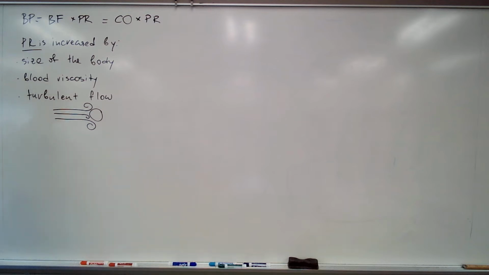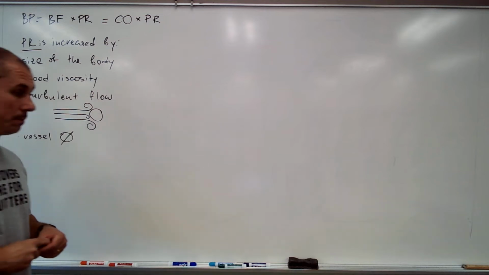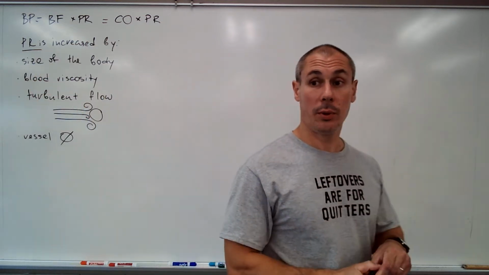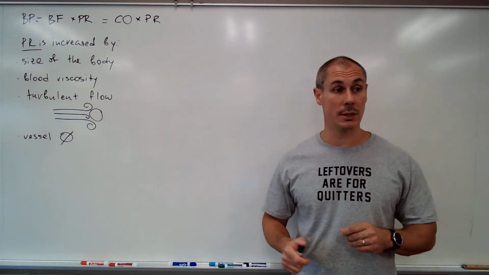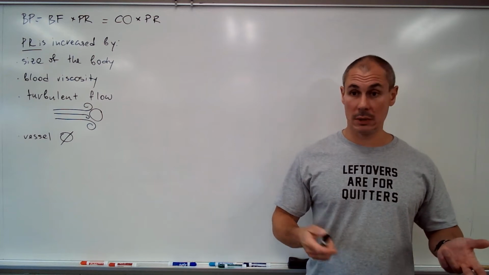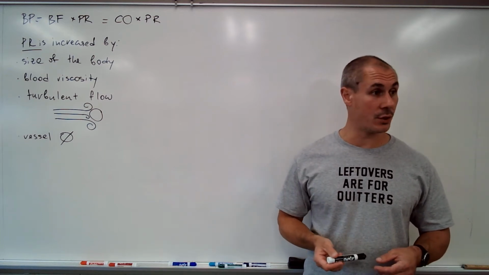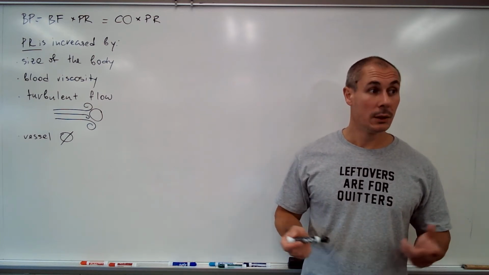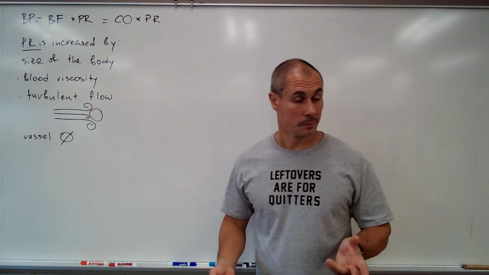But the most important factor that contributes to peripheral resistance is the vessel diameter. Okay, now we're going back to the plaques and straws. If you ever tried to drink through a coffee straw, you know that it's really, really hard.